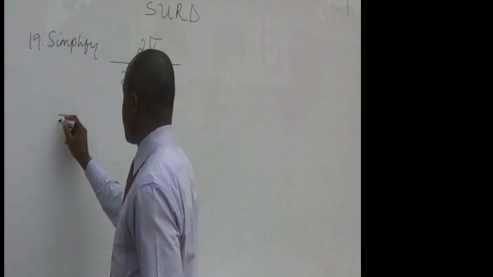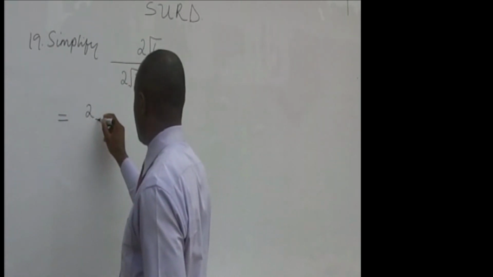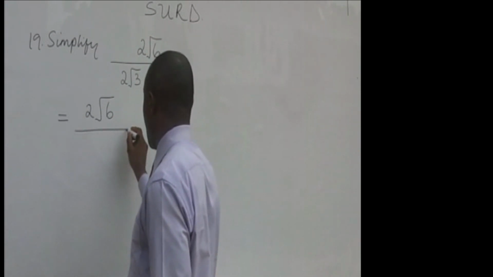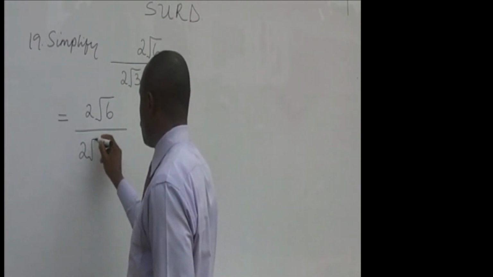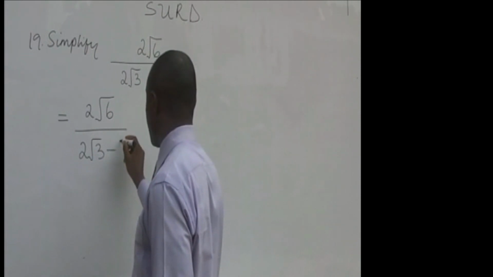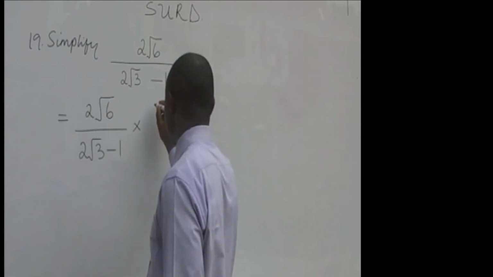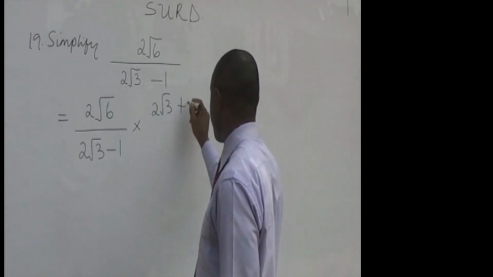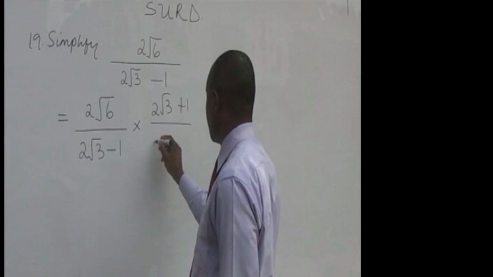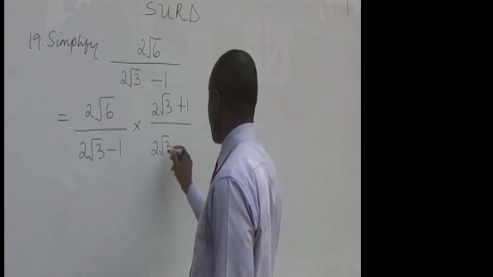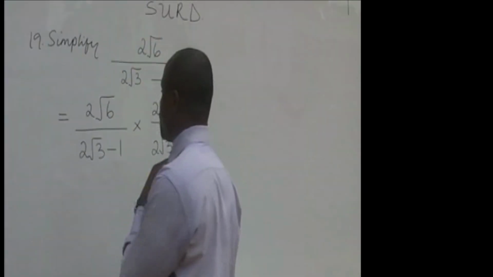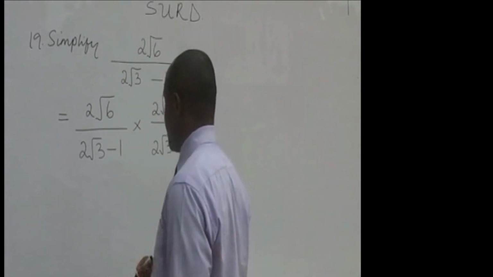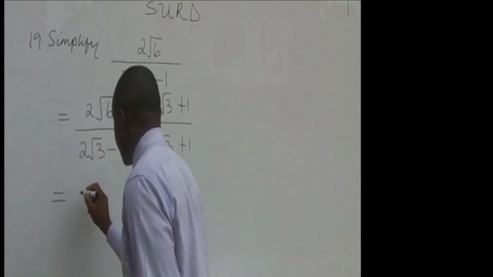This is going to give us 2 root 6, the numerator, all over 2 root 3 minus 1, times 2 root 3 plus 1 all over 2 root 3 plus 1. Multiply the numerators together and the denominators together. You're going to have something like this.